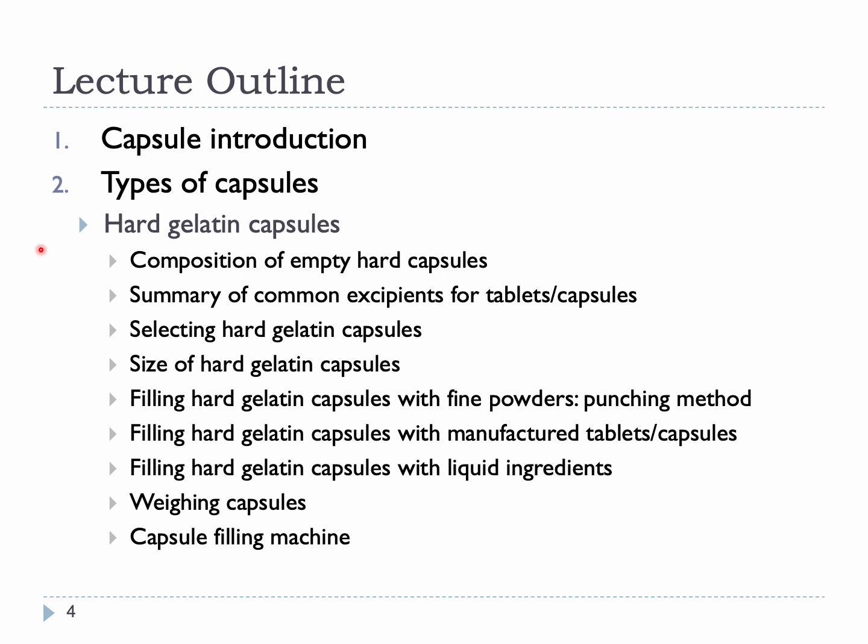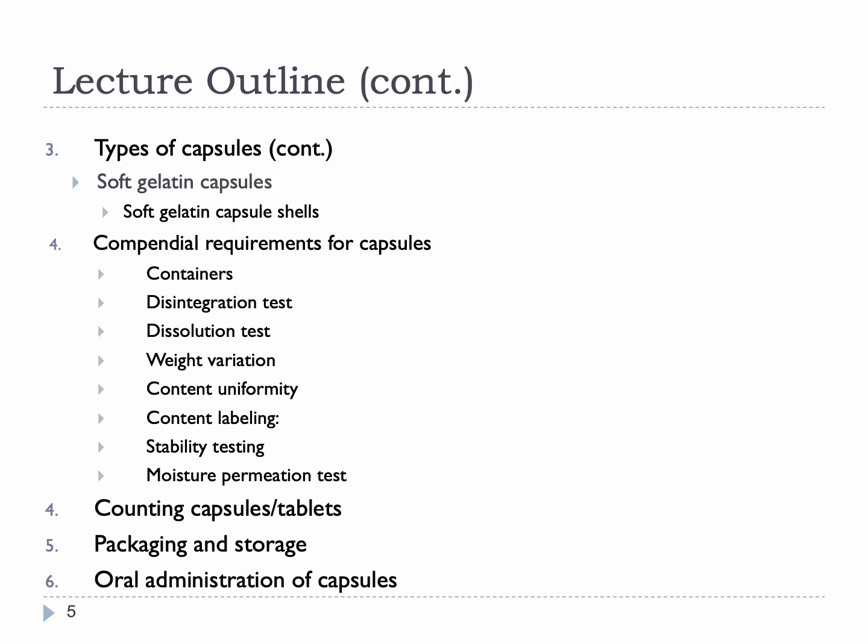In order to help you understand the big picture of the lecture, this is the lecture outline. First, we will introduce capsules. Then, the types of capsule. There are two types of capsule, hard gelatin capsule and soft gelatin capsule. Hard gelatin capsule will include several kinds of composition and properties.